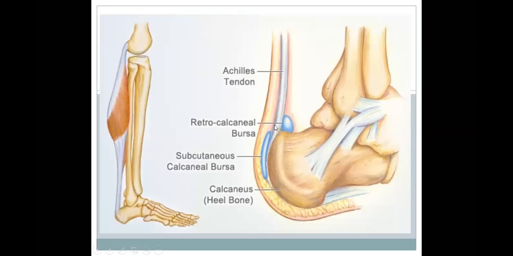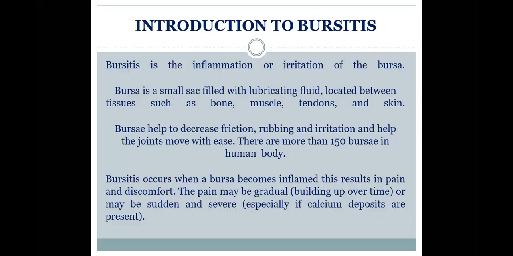It acts as a cushion. It is located between tissues such as bones, muscles, tendons, and skin. Bursa helps to decrease the friction, rubbing, and irritation, and helps joints to move with ease.